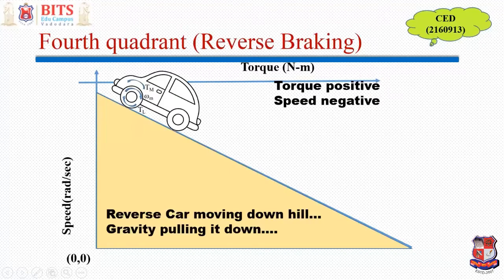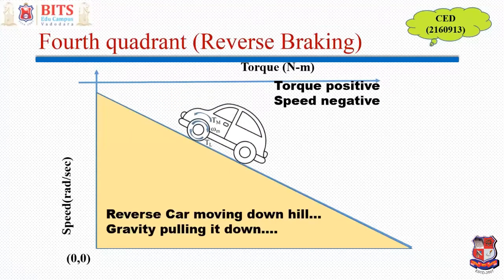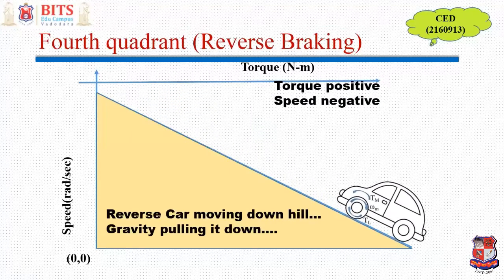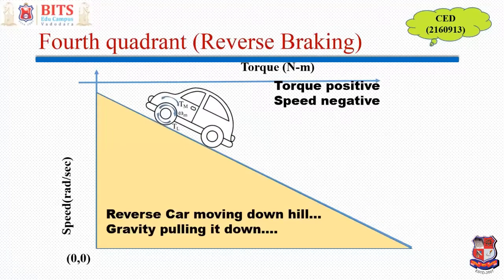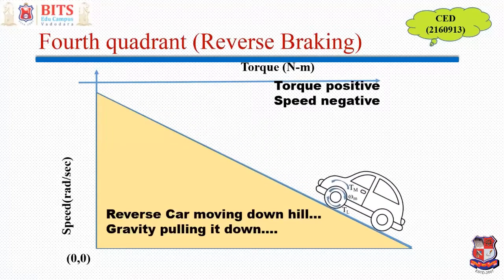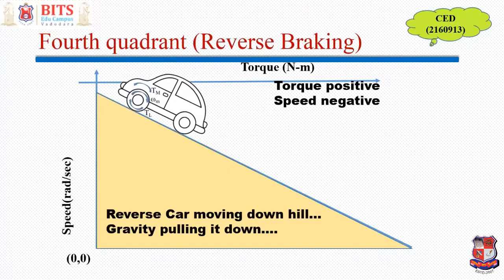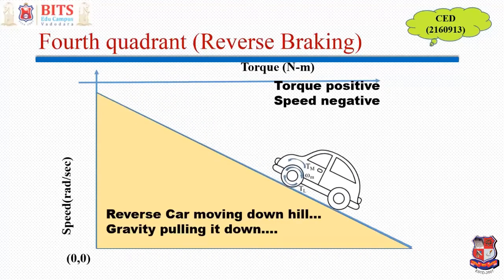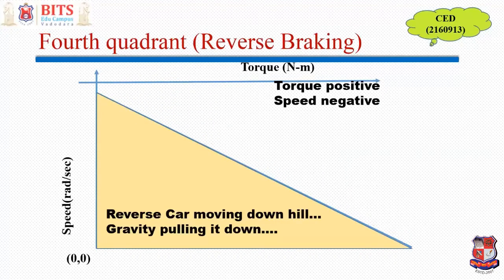So movement is in the reverse direction, and the motor is opposing or applying brakes. That's why it is called reverse braking. It is also known as reverse generation. The second quadrant and the fourth quadrant are also known as braking modes or generating modes. So this is the fourth quadrant.